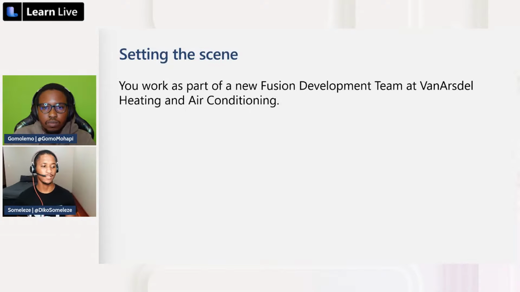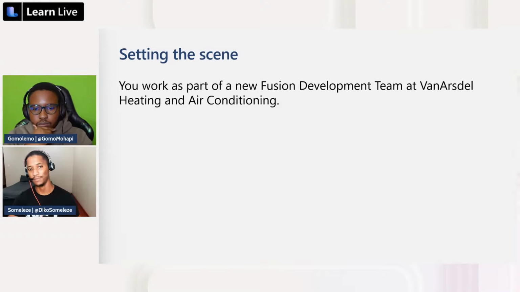So, you work as part of a new fusion development team at Van Arstel Heating and Air Conditioning. In a fusion development team, really, business users develop applications with Power Apps in order to scale how quickly applications can be built.